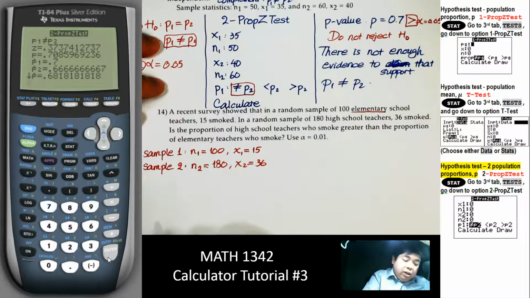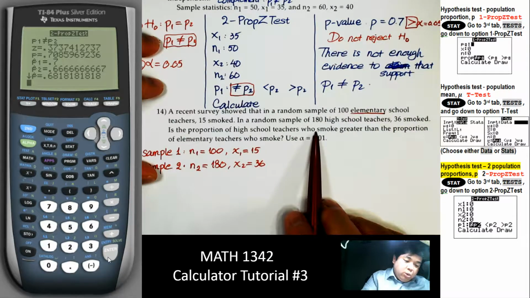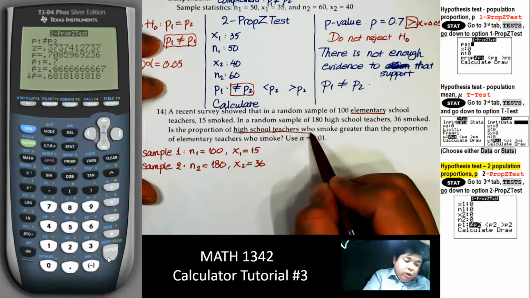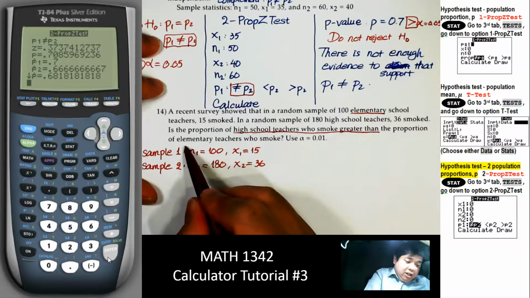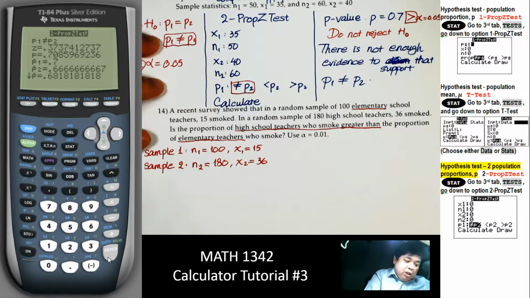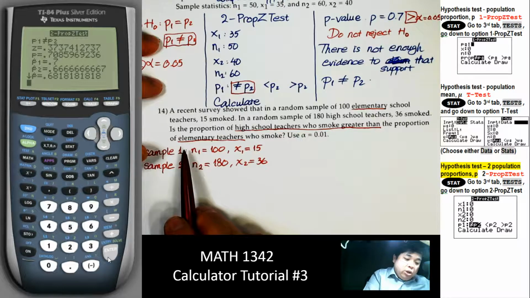Now the claim is that the high school teachers smoke greater than the elementary teachers. The high school is 2 and the elementary school is 1.